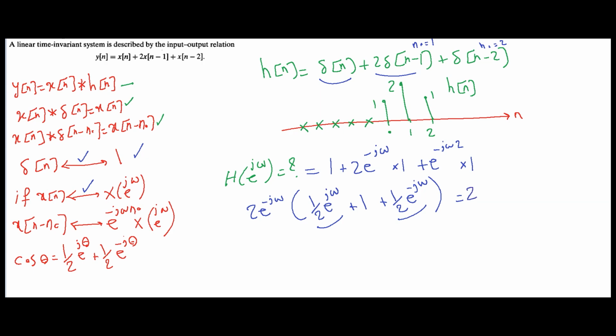After simplification, the remaining expression becomes 1 plus cosine omega. Therefore, the frequency response is 2 times (1 plus cosine omega) multiplied by e to the power of minus j omega.